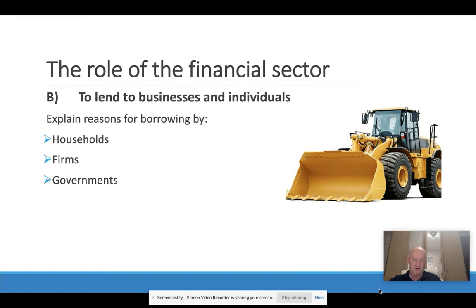But again, each different economic agent, in this case households, firms, and governments, will have different reasons why they might choose to borrow money and then use it, maybe to expand their business as far as firms are concerned. But governments obviously have other reasons for doing it too.